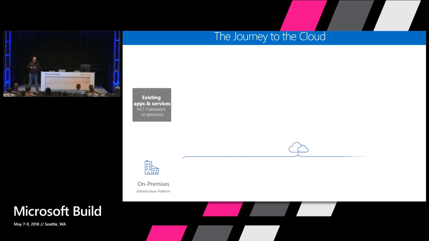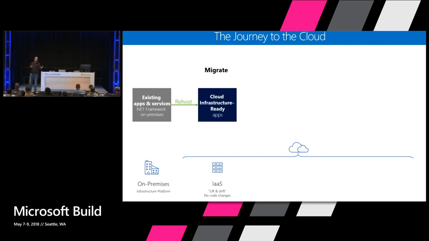It depends, right? So in here we have the cloud, and the first way you can go to the cloud is by simply migrating what you have. Like you might have servers or VMs on premises, and you just lift and shift that into the cloud. So it's just a simple migration, rehosting, what in the industry is called lift and shift.